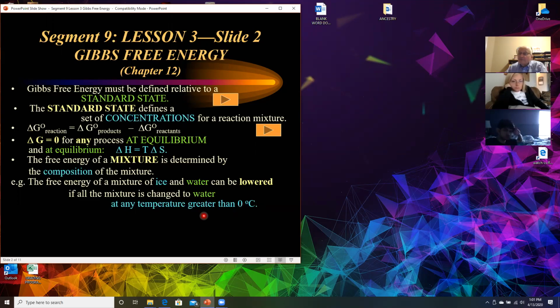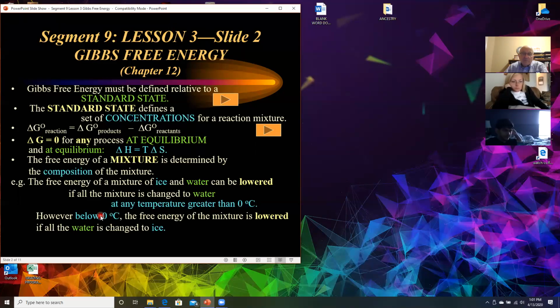Hey, you know that. You get an ice cube out of the fridge and set it in your glass, it's going to melt. But below 0 degrees, the free energy of the mixture is lowered if the water is changed into ice. So at 0 degrees, you can have any mixture of water and ice, and that's stable and thermodynamically at equilibrium.